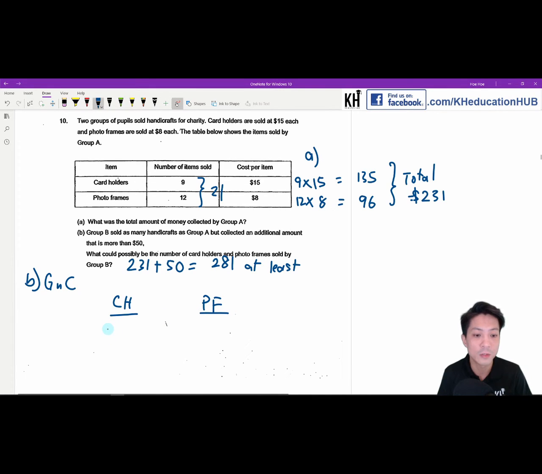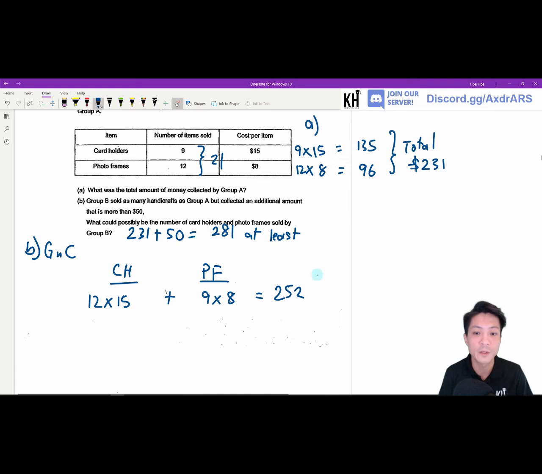I am gonna try 12 card holders instead and 9 photo frames. Okay, if I were to add them together, it's gonna give me 252. So I'm still quite far away from the 281 mark. So I'm going to increase it more.